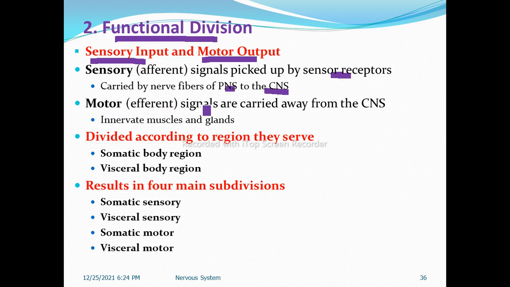Motor or efferent nerves carry signals away from the CNS. So motor means output. These signals are carried by nerve fibers from the CNS to the outside of the body, away from the central nervous system. One function of motor is to innervate or stimulate muscles and glands. Muscles and glands are known as effector organs.